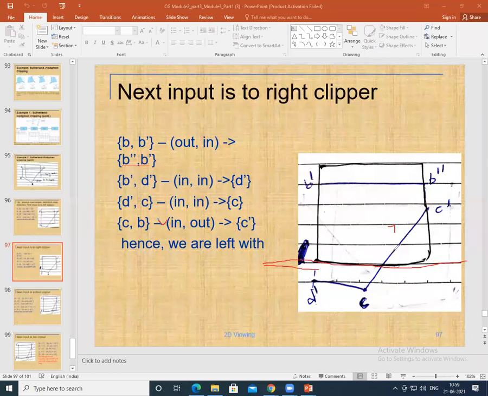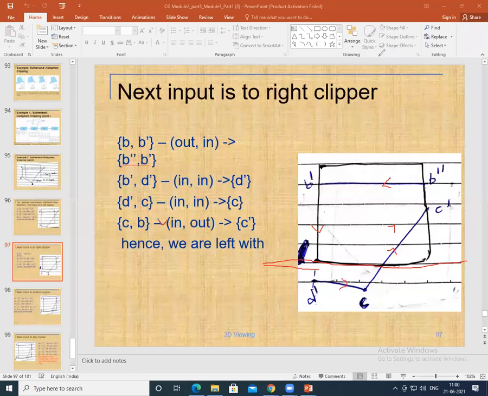For the bottom clipper, again you have C bar, B bar, B double bar B, and along this B bar, D bar, and D bar C. From the bottom clipper you have to analyze B double bar B, B bar, D bar, D bar C anticlockwise, and C bar.